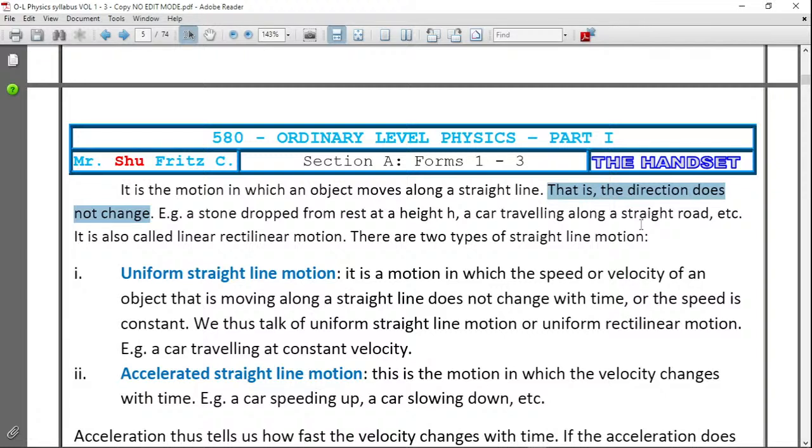When you talk about uniform straight line motion, it means that the object is moving with a constant velocity. So the speed or the velocity of the object is constant. The emphasis here is the velocity is constant, because if the velocity is constant, then the acceleration will be 0.